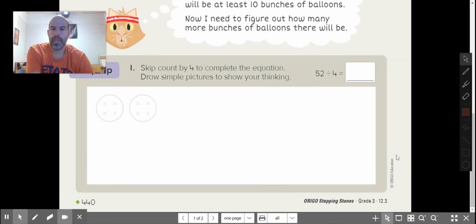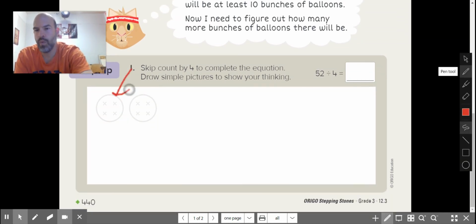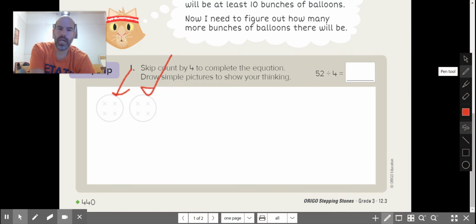So let's look here. It says skip count by 4 to complete the equation. All right, so right here, they have already started one example, right? And here's another example. So each time they're making equal groups of 4.